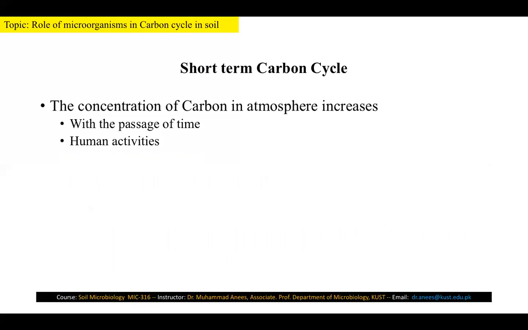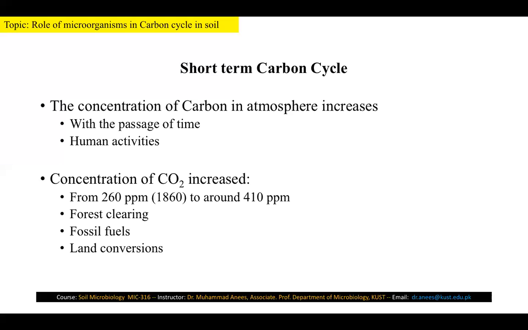Now, these concentrations that we just talked about, the concentration of carbon dioxide and methane in the atmosphere, it has increased with the passage of time due to increased human activities.